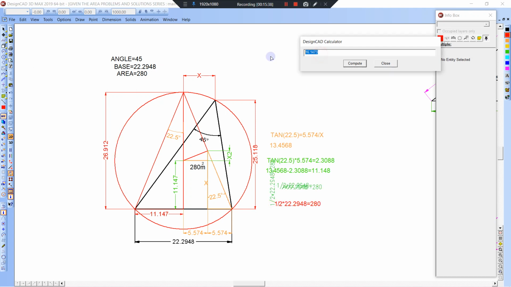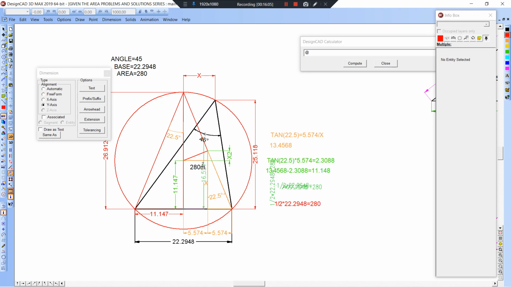And then we go h is equal to 280 times 2 divided by 22.2948. And then we get 25.118, which is rounded up, and so that works out. Let's type that in. Put it over here.